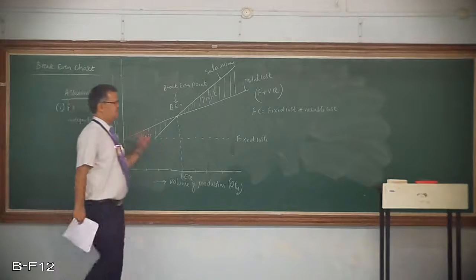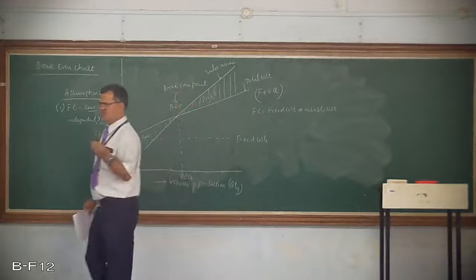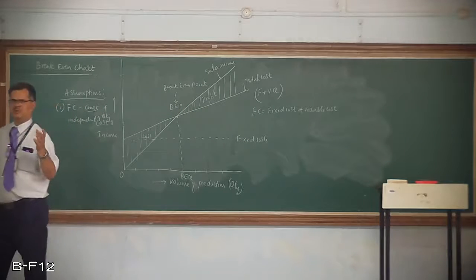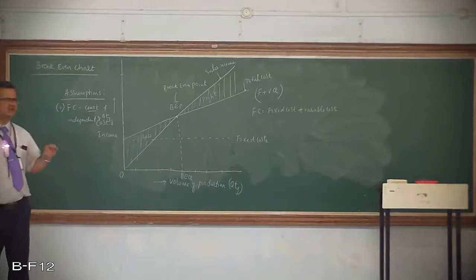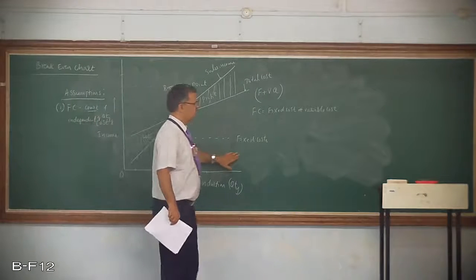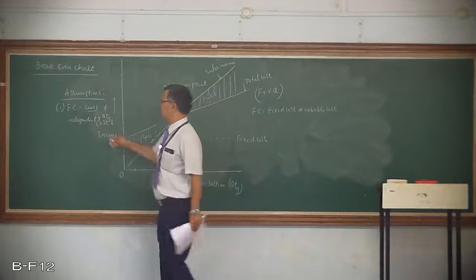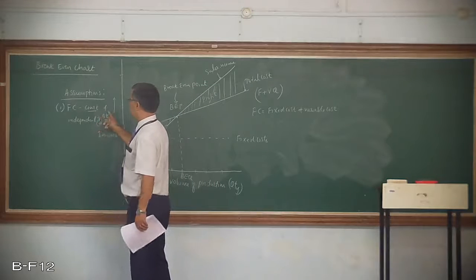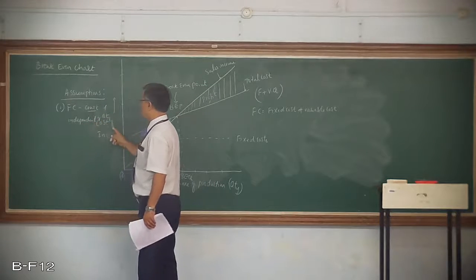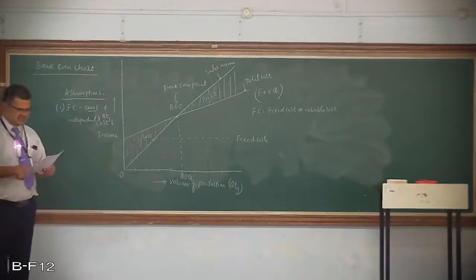Sometimes machinery could manufacture any number of units per hour, but there is no demand, so they don't manufacture. That's why the first assumption says fixed costs are constant and independent of quantity manufactured. Any quantity manufactured, the fixed cost remains constant.